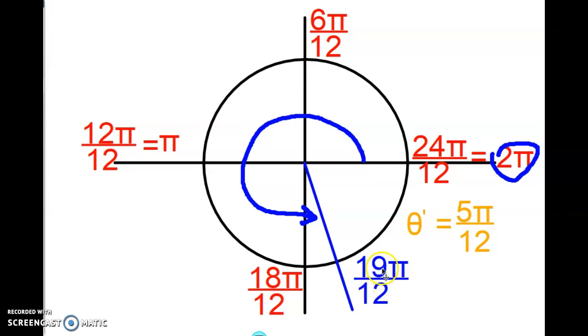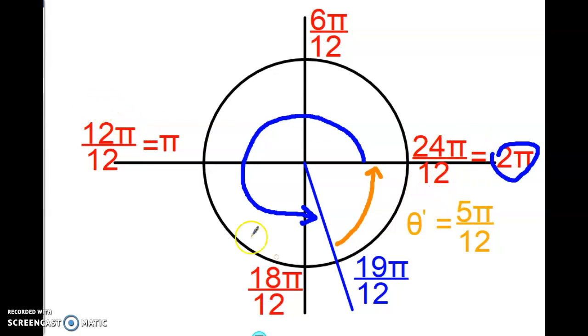And that means the reference angle, this is our terminal side. We have to get back to the x-axis. So we actually need this much here. And this much here is in orange, 5 pi over 12. So I do that every time before I even start. I'll label, label, label, and label anytime before I start.